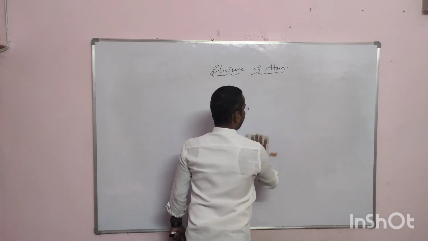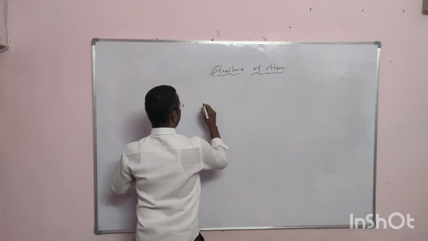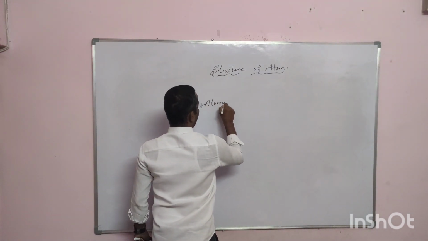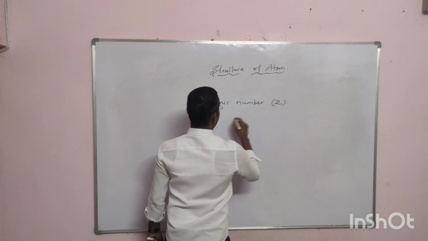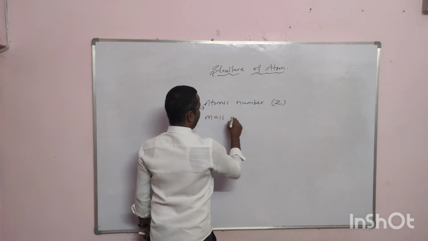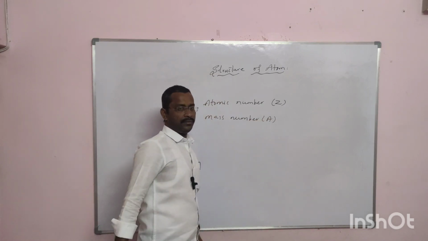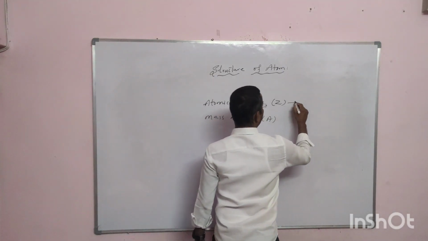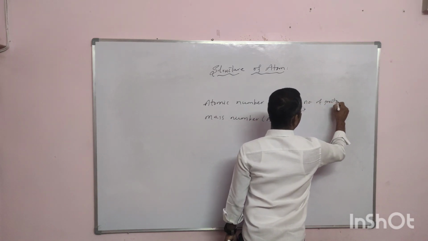Then, what is an atomic number, and what is a mass number? Atomic number is represented by Z, mass number is represented by A. Atomic number is equal to the number of protons.